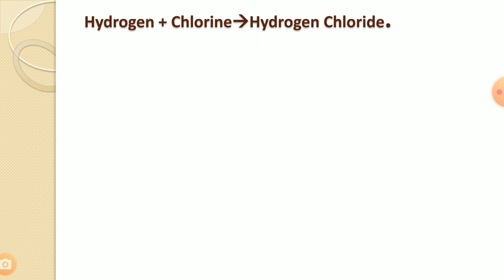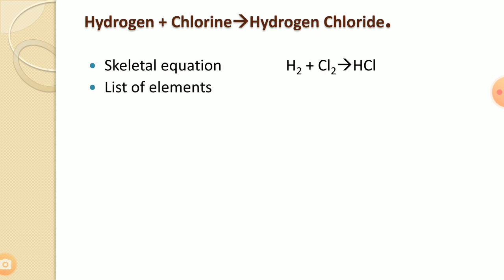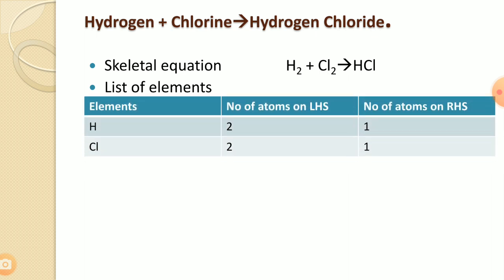First, there is the first example. When hydrogen reacts with chlorine, we get hydrogen chloride. So first of all, we have to write the skeletal equation, which means unbalanced chemical equation. Next, we make a list of elements on both sides of equation, and we see that both hydrogen and chlorine are not equal.